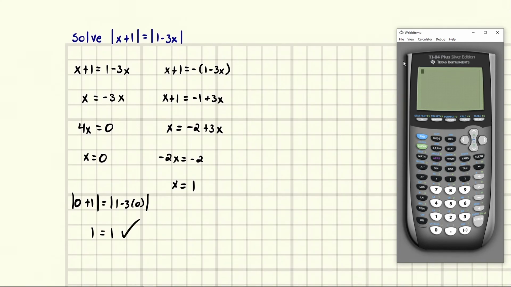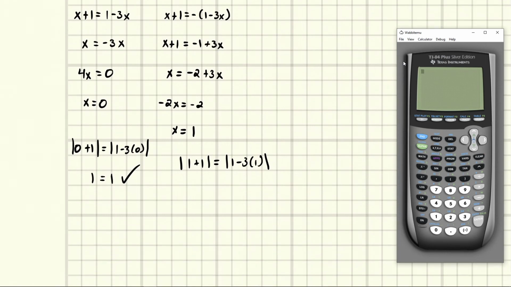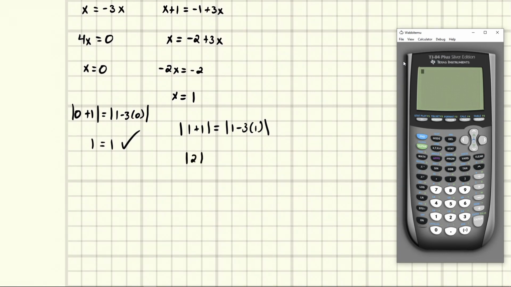The other one is that x is equal to 1. If we do that, we get the absolute value of 1 plus 1 equals the absolute value of 1 minus 3 times 1. Doing this, we get the absolute value of 2 equals the absolute value of negative 2, and that's 2 equals 2, which also checks out.